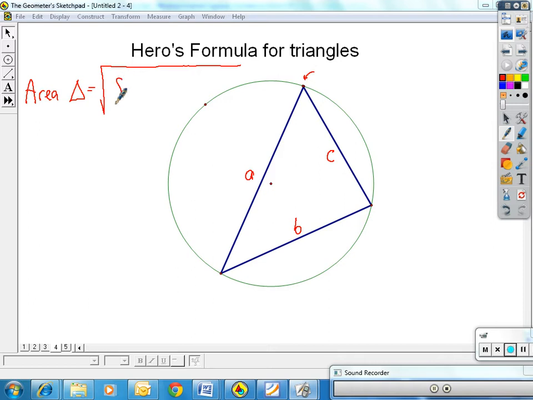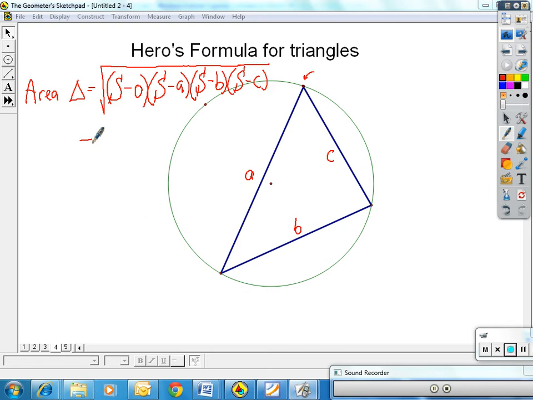I'm going to take the semi-perimeter again, minus 0, because that's the side length. My fourth side length is 0. Times S minus A times semi-perimeter minus B times semi-perimeter minus C. And there I have it.